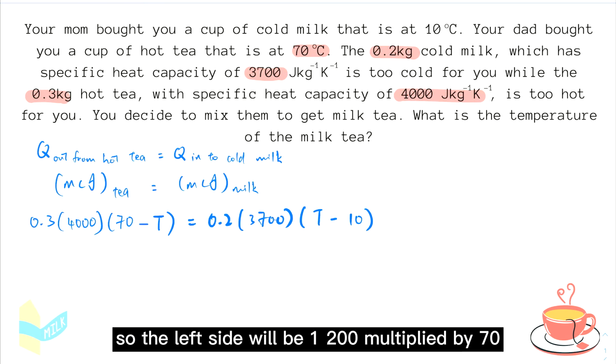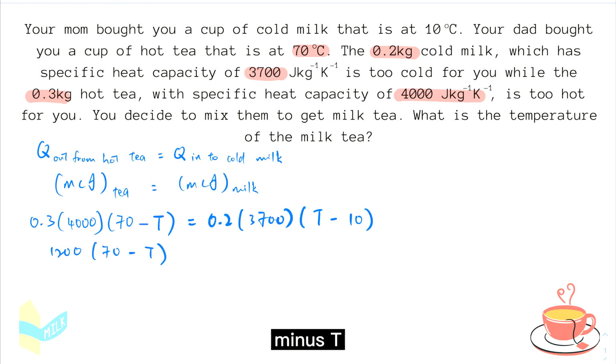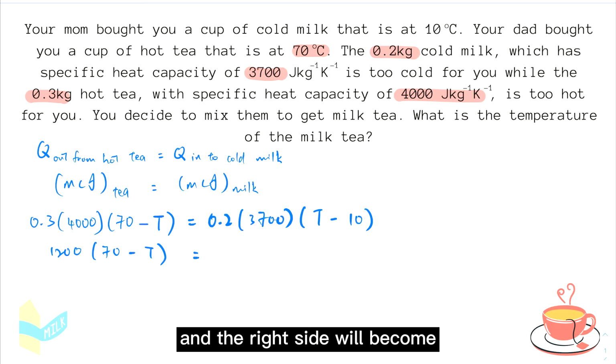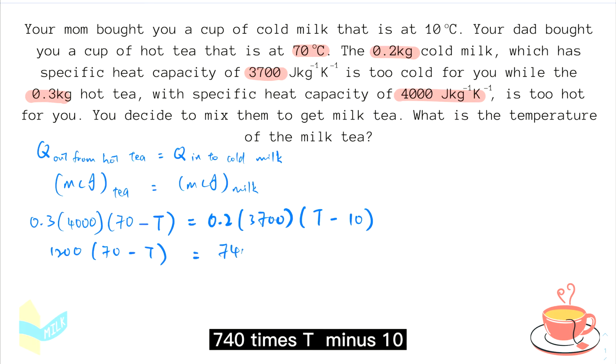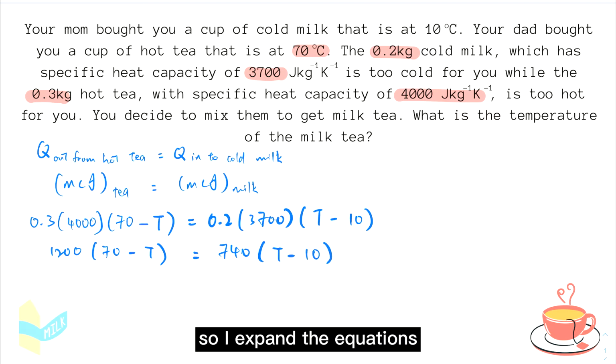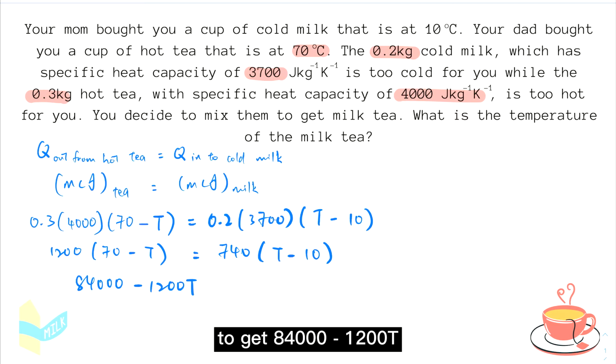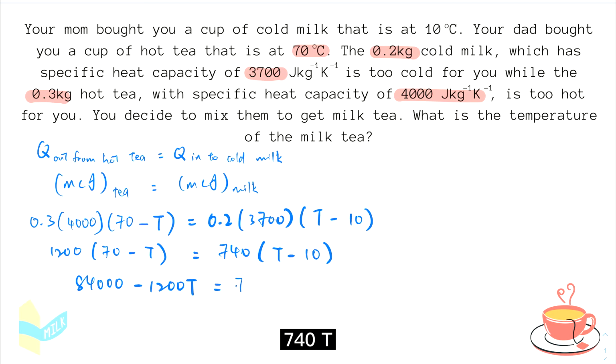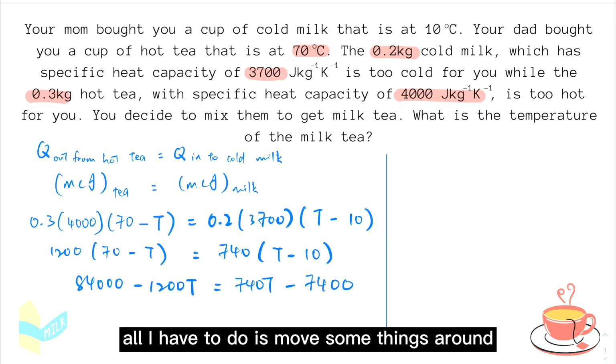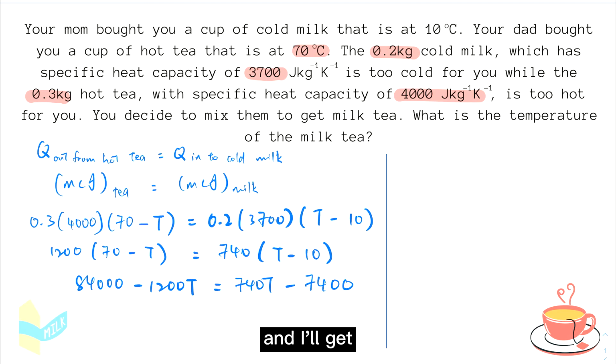So the left side will be 1200 multiplied by 70 minus T. And the right side will become 740 times T minus 10. So I expand the equations to get 84,000 minus 1200 T is equals to 740 T minus 7,400.